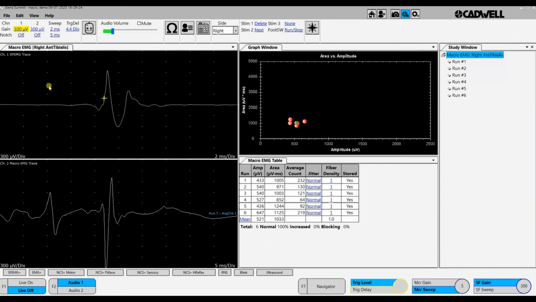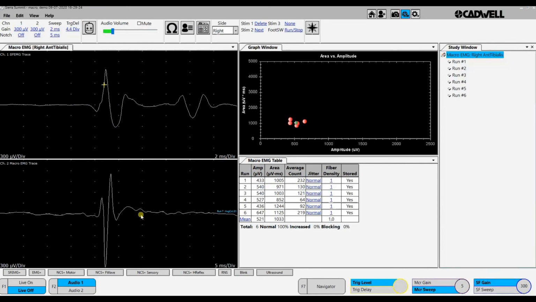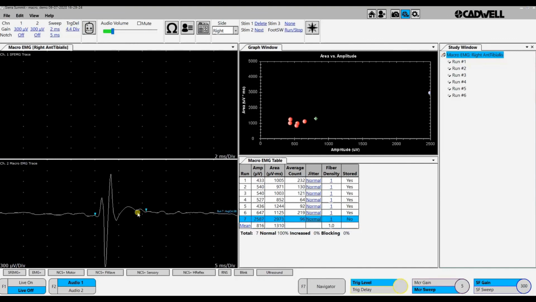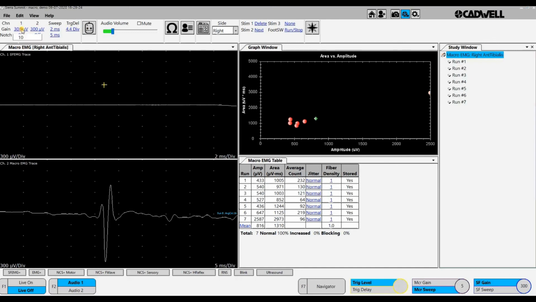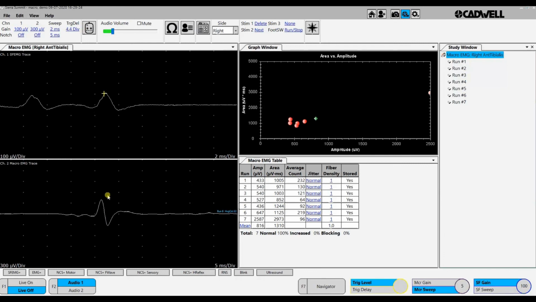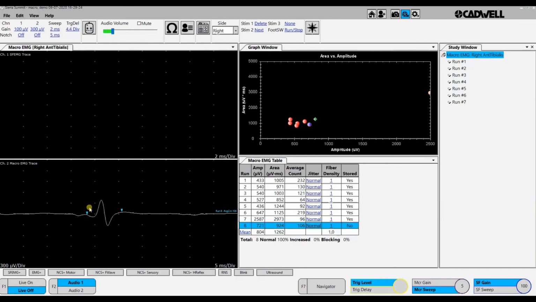A signal that is very big. These big signals we did not need to average very much at all, and now we have this. I shall see if I can finally find a very small signal. Here is another motor unit, and you see the macro EMG here, and we store that.